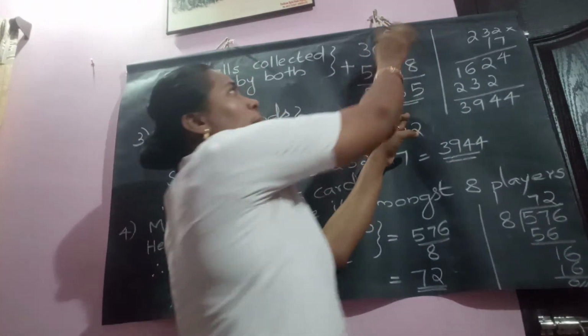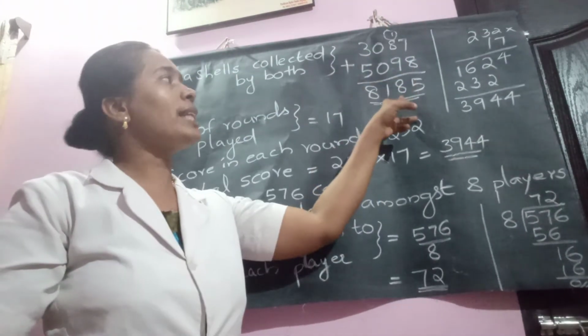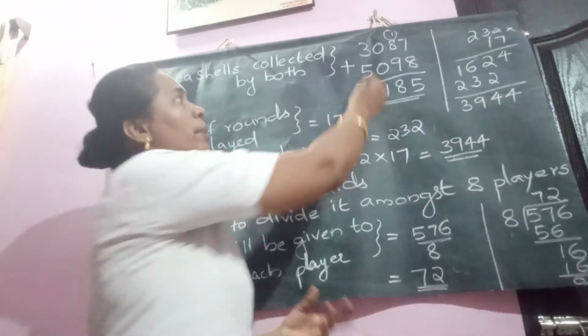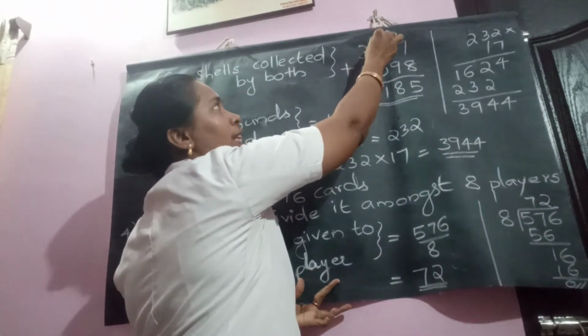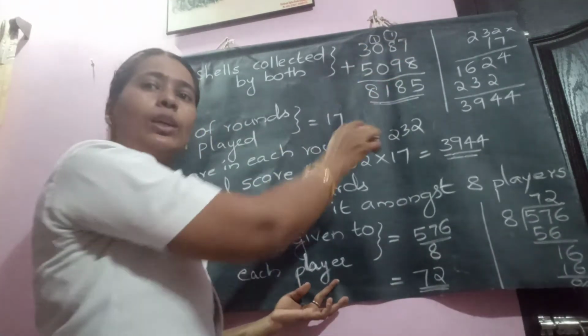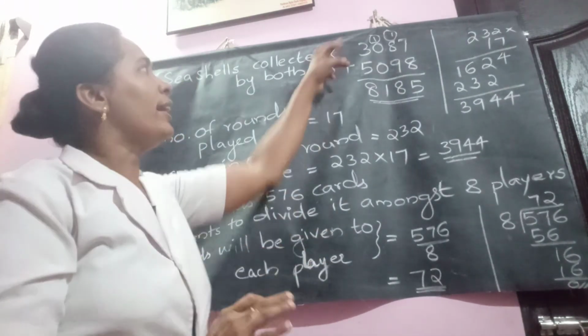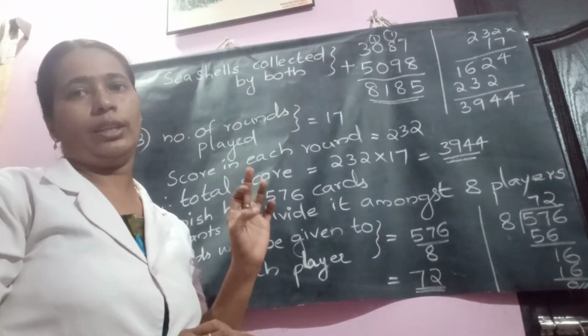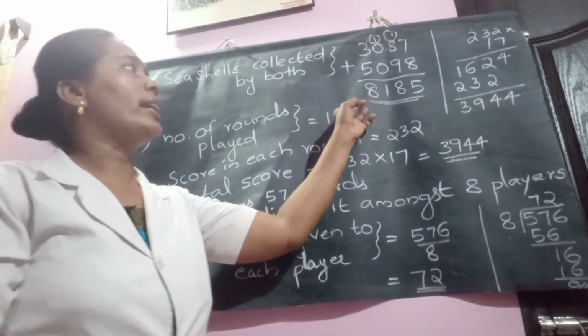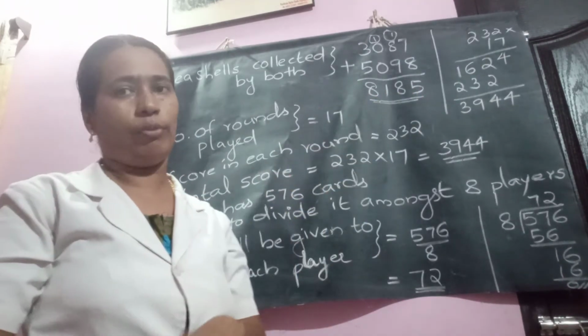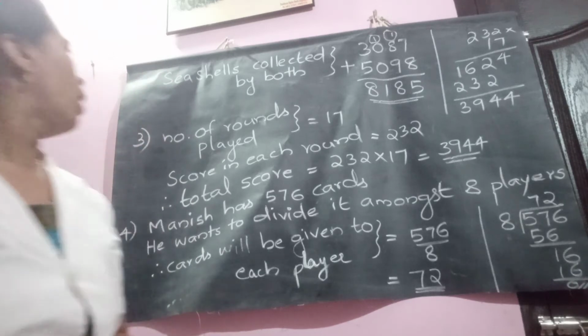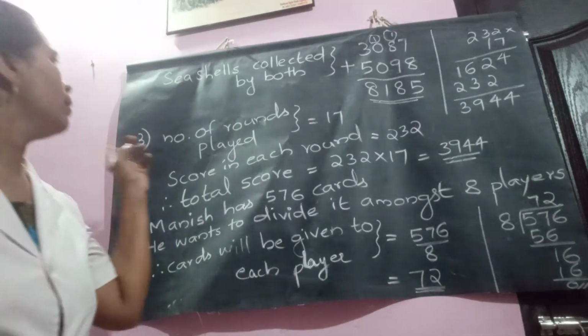Then 1 plus 8, 9. 9 plus 9, 18, again carry over to the next column. 1 plus 0, 1 itself. Then 5 plus 3, 8. Total how many are there? 8185.